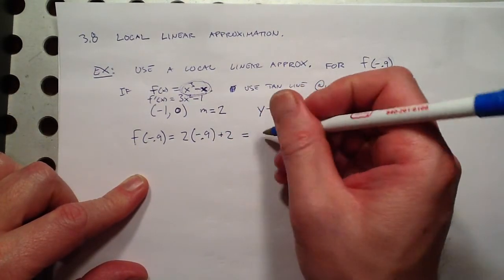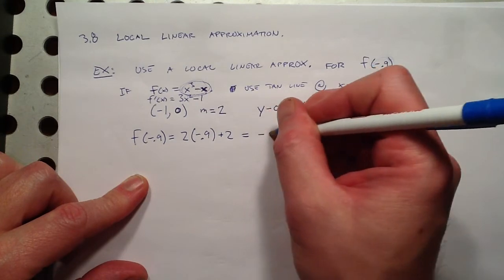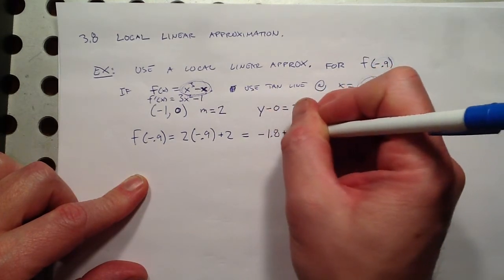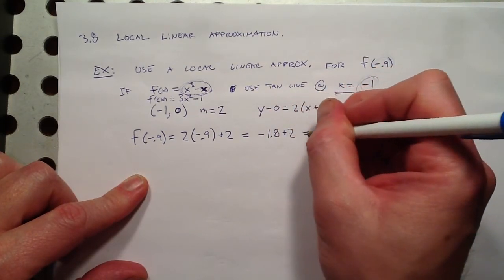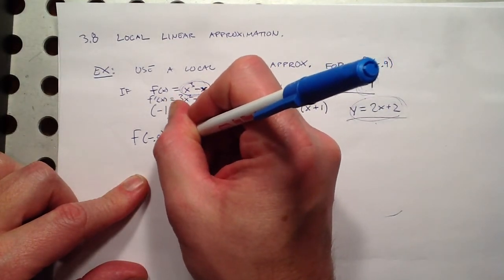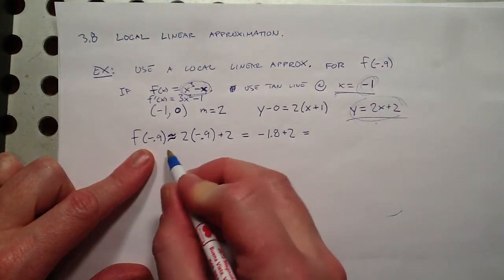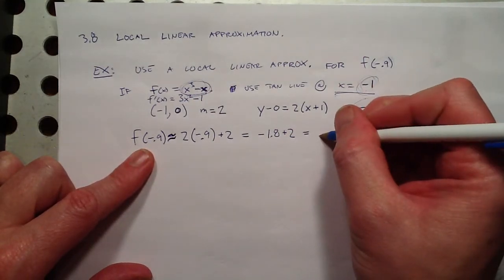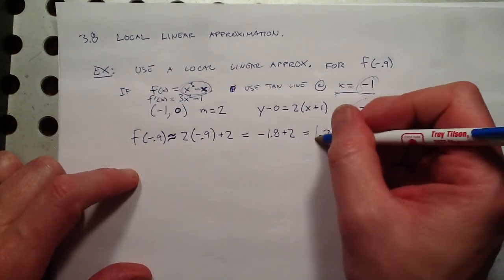And that's, let's see, negative 1.8 plus 2, or, sorry, this is not f of negative 0.9, it's the approximation that we get from the tangent line. So it's about 0.2.